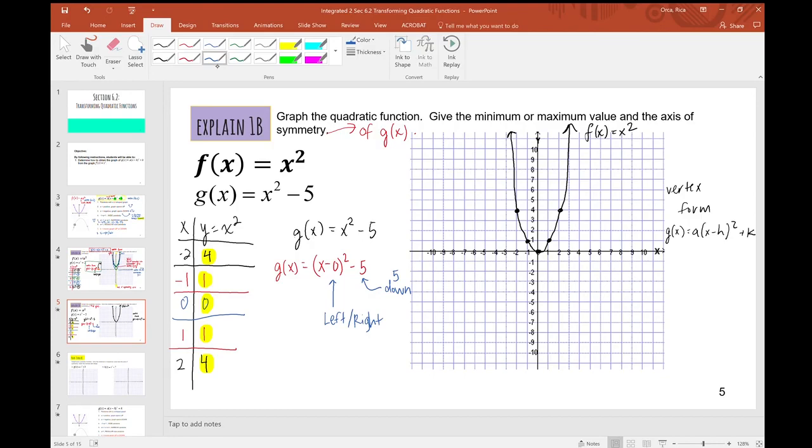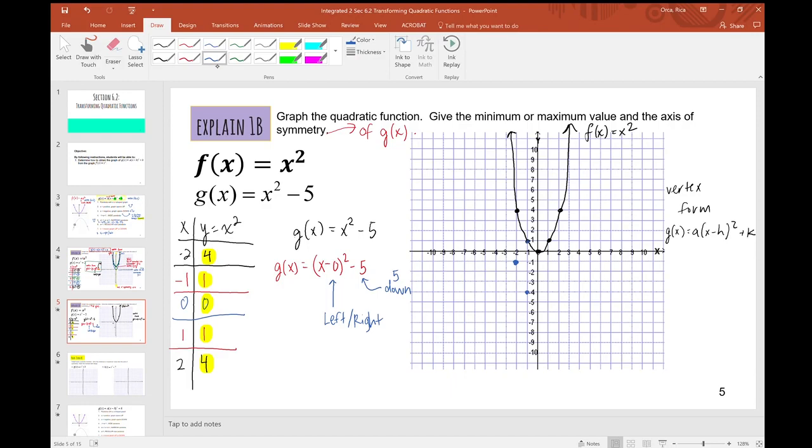So let's start off with -2, 4, and take that point and just move it 5 units down. 1, 2, 3, 4, 5. Take this point right here and move it 5 units down. 1, 2, 3, 4, 5.